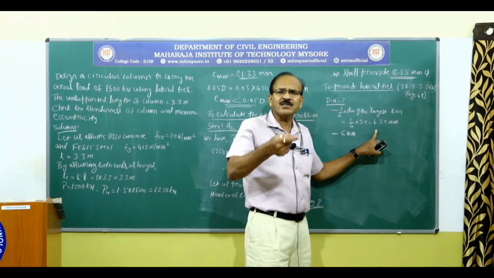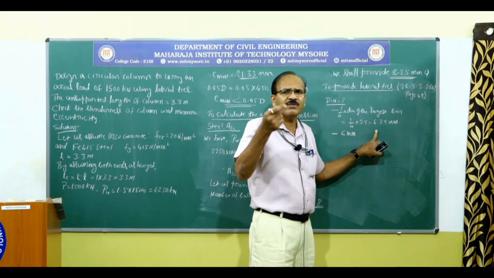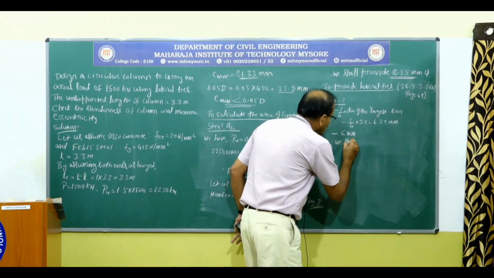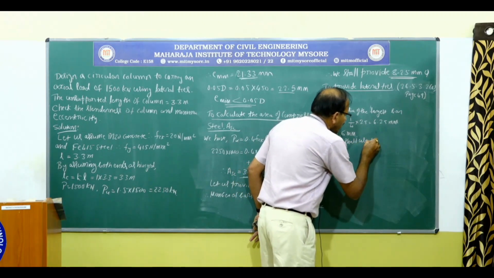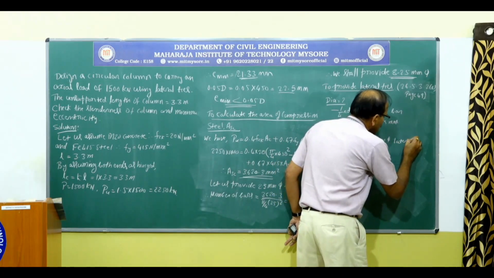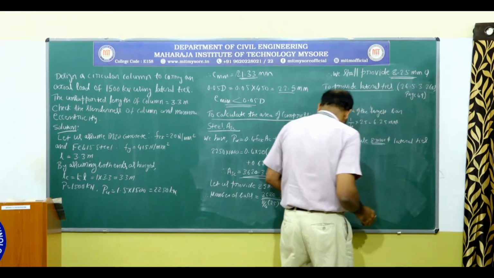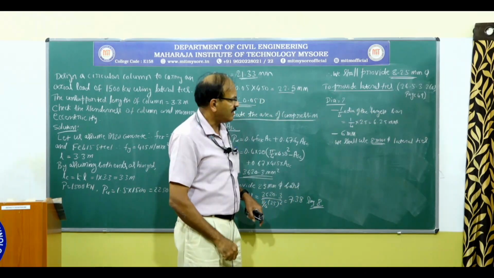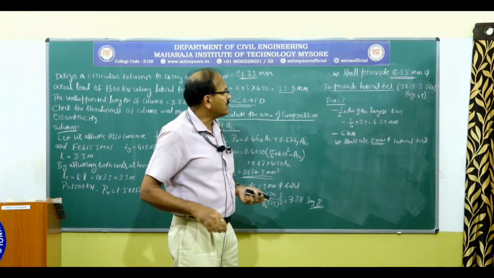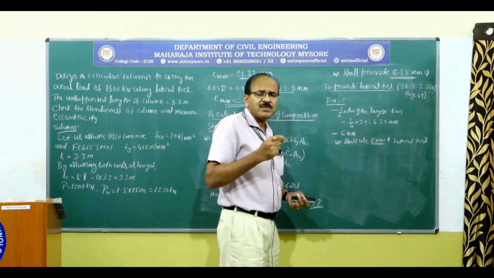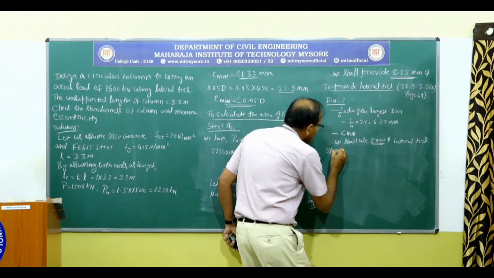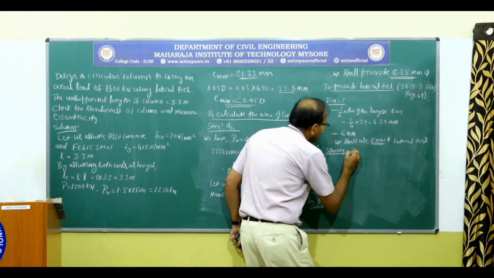So we have to go for the next higher size, which is 8 millimeter diameter. Therefore, we shall use 8 mm dia lateral ties. Okay. So once that is done, the next step is to fix the pitch or to provide the spacing of lateral ties.